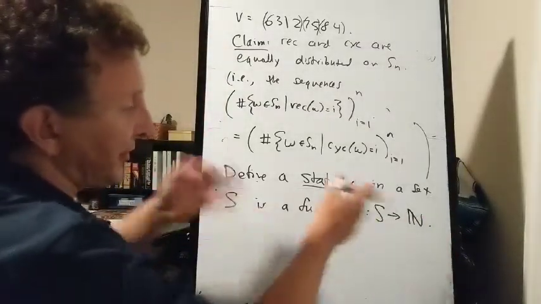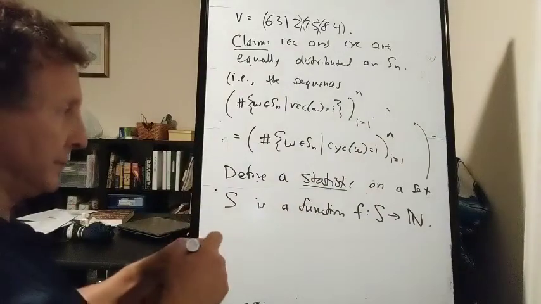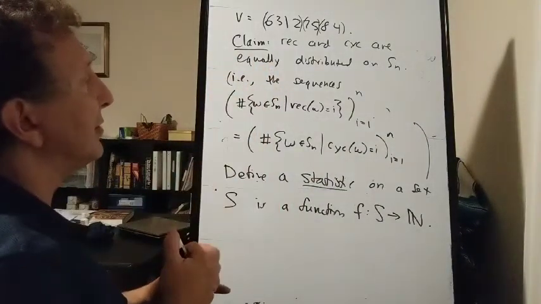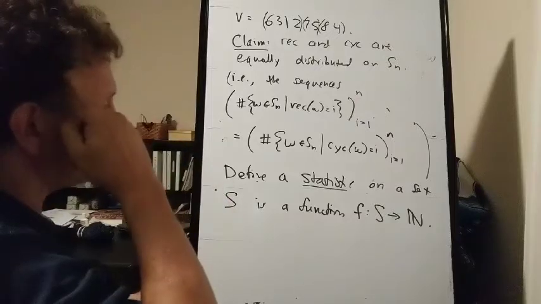So these are just things that we can count. Alright, so I claim that records and cycles are equally distributed on the symmetric group.